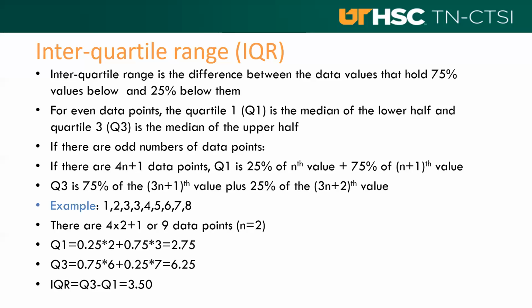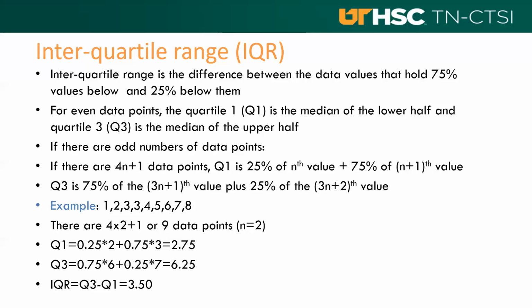So the data point that holds 75% below itself is the quartile 3, and the one that holds 25% below itself is the first quartile. For even numbers of data points, the first quartile is the median of the lower half of the data. So if we have 10 data points, the first five are the lower half here. So Q1, or quartile 1, is the median of the lower half, and quartile 3 is the median of the upper half.